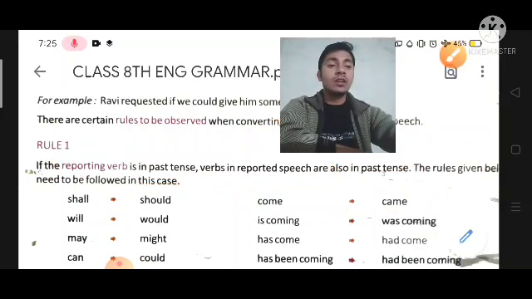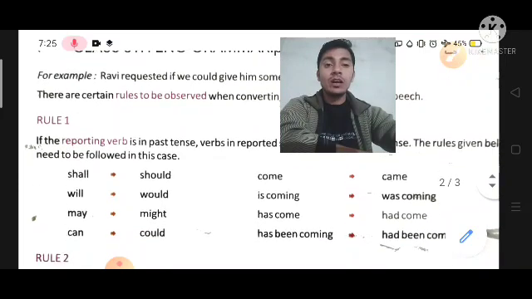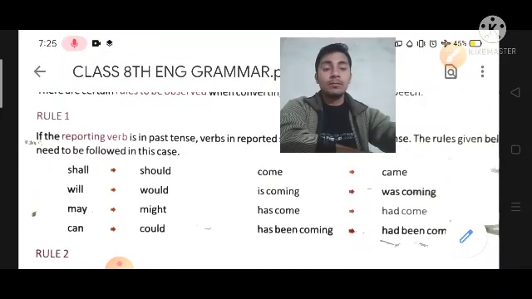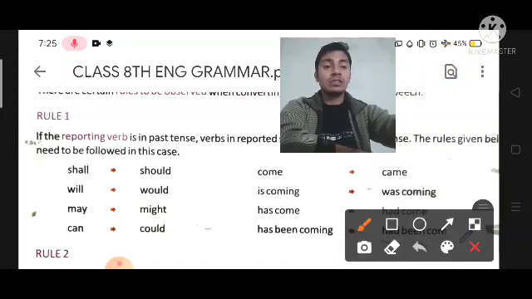Clear? Now listen. The rules given below need to be followed in this case. There are some rules given here, and you will understand how you are changing from past to past, because when the first part, the reporting verb, is in past tense, then the next part you will also change into past. For changing those verbs, sometimes when you have the verb shall, shall changes into should.